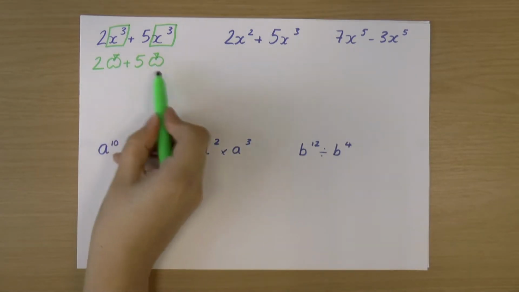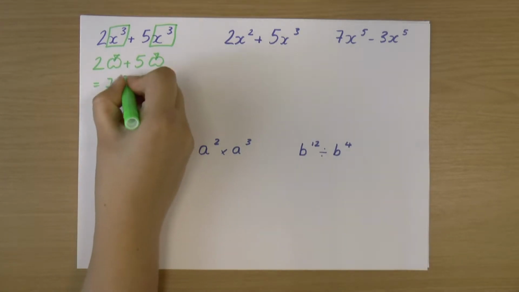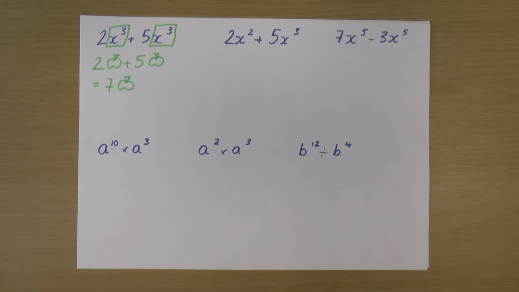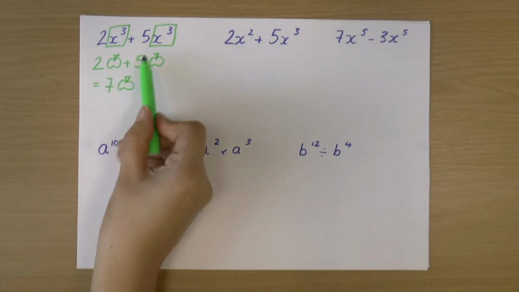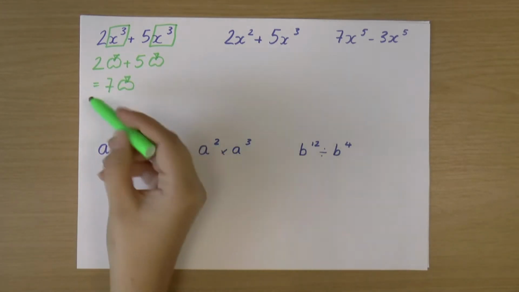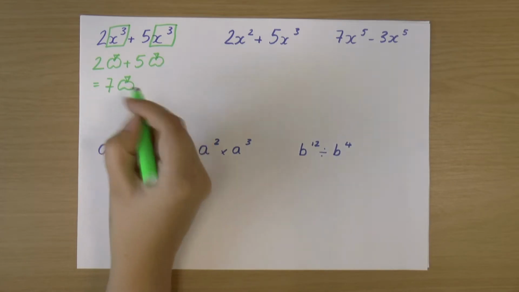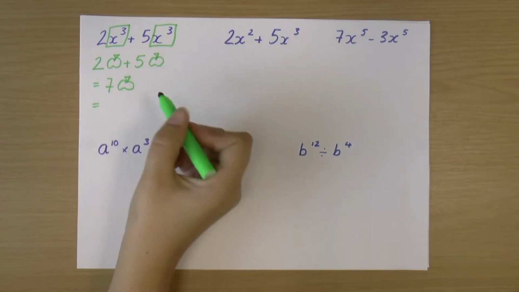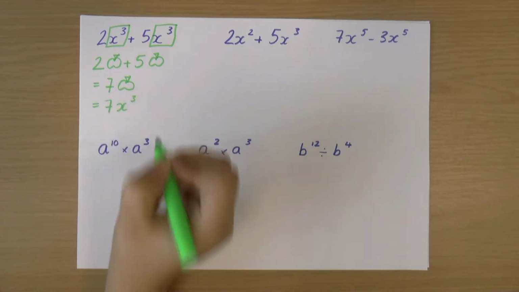So 2 apples plus 5 apples gives me 7 apples. And because 2 lots of x cubed plus 5 lots of x cubed is the same as 2 apples plus 5 apples, I can put the x cubed back. So this is now 7x cubed.